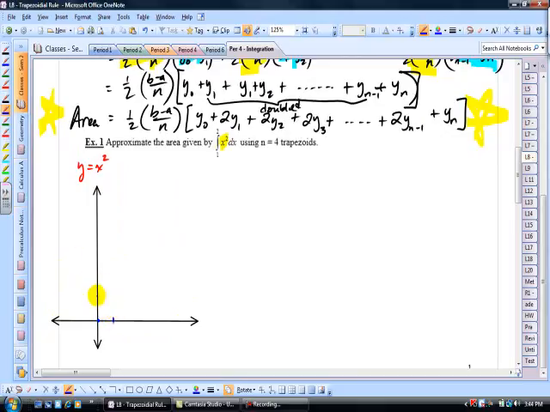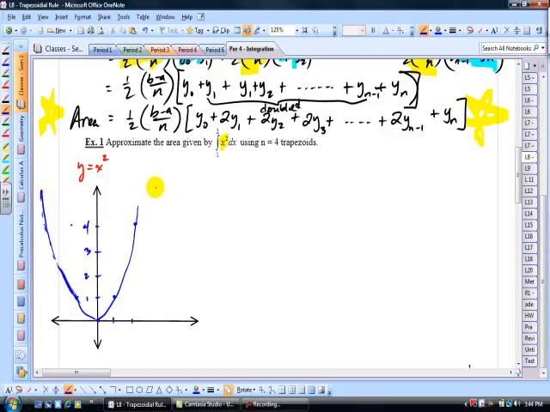When x is 1, y is 1, so we have a point here. When x is 2, y is 4, 2 squared is 4, so 1, 2, 3, 4, so 4 here. You draw the graph, and of course it's reflected on this side. Okay, that's the nature of parabolas here.